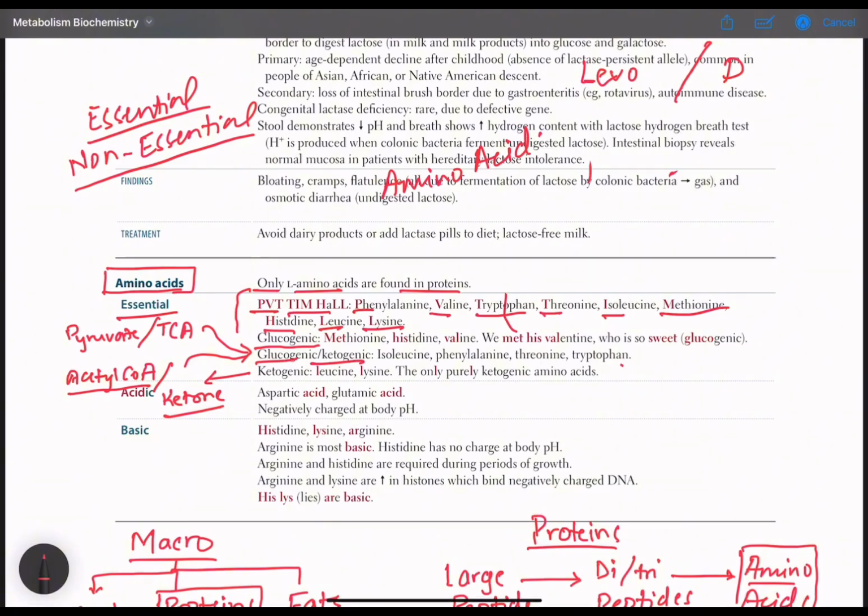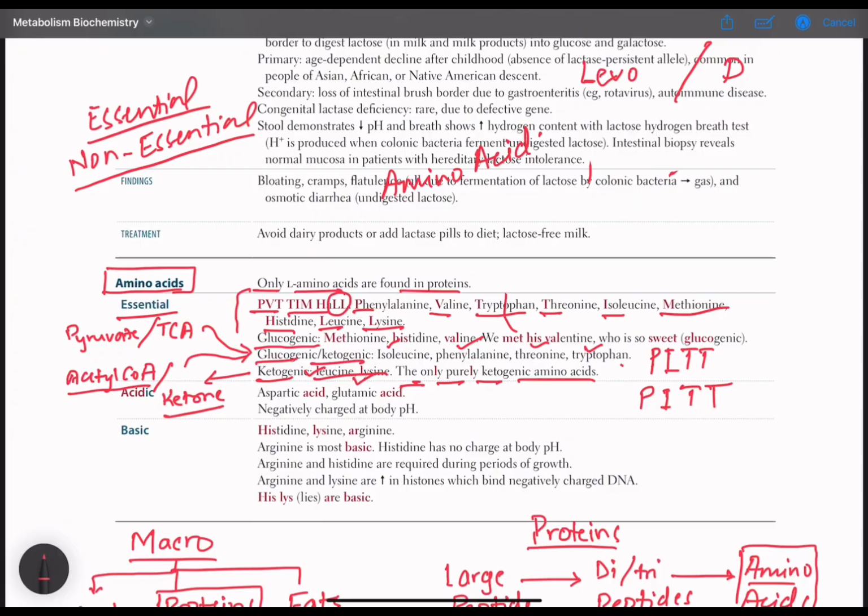The ketogenic are easiest to remember. The mnemonic is the only purely ketogenic amino acids are those starting with L, or the last two. So leucine and lysine both are purely ketogenic amino acids, while the glucogenic and ketogenic mix are remembered by the mnemonic PIT: phenylalanine, isoleucine, threonine and tryptophan.